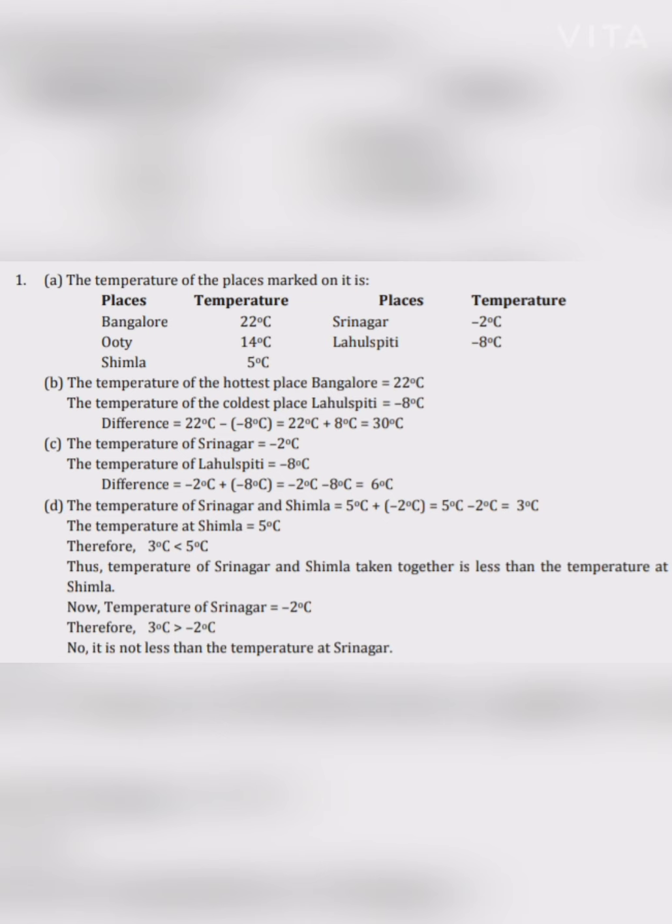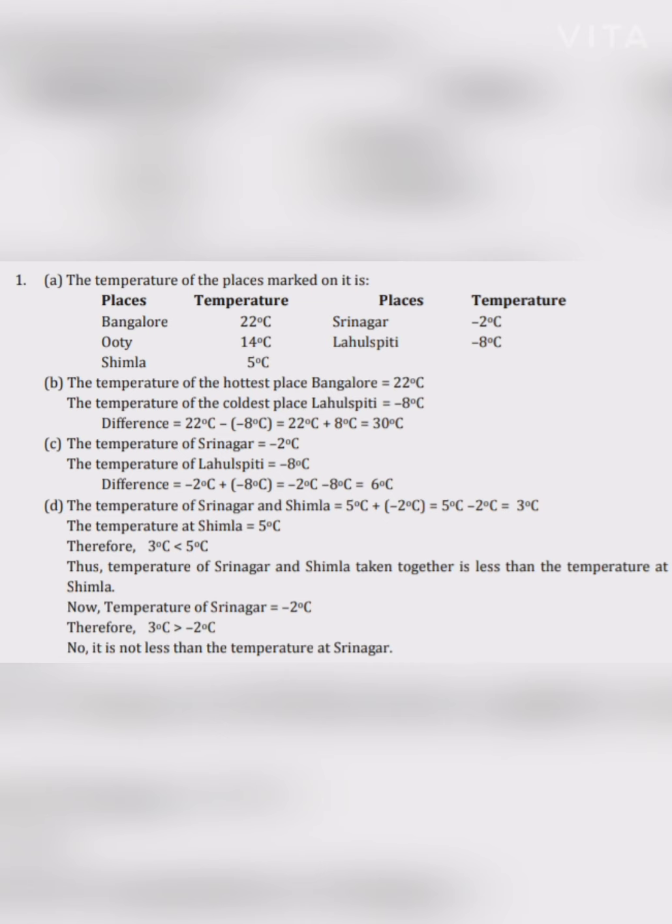From the first question we can find that the hottest place is Bangalore, whose temperature is 22 degrees Celsius, and the temperature of Lahul Spiti is minus 8 degrees Celsius, which is the coldest place. And the temperature difference between them is 22 degrees Celsius minus minus 8 degrees Celsius.